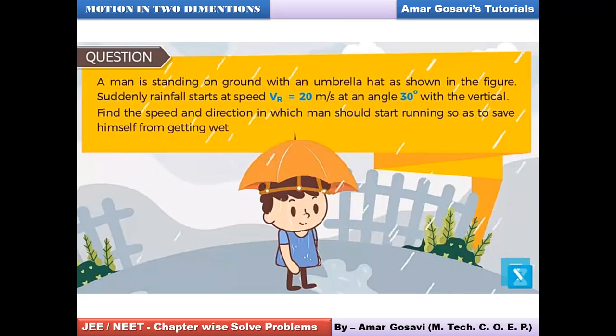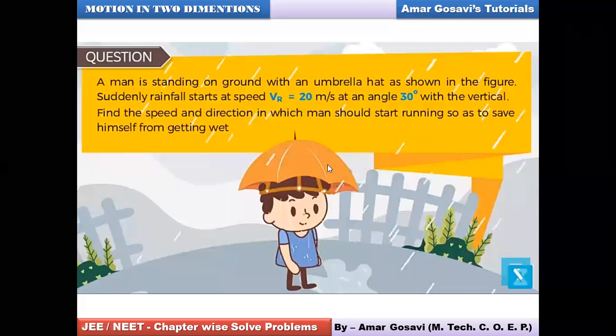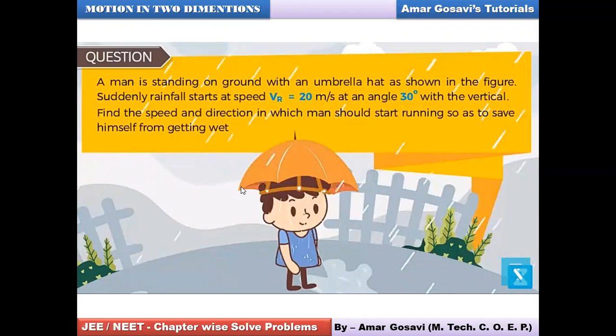Then the question goes, find the speed and the direction in which the man should run so as to save himself from getting wet. He cannot tilt the umbrella with this angle now. The problem is the umbrella is fixed. The only thing which he can do is counter the relative motion of the rain.